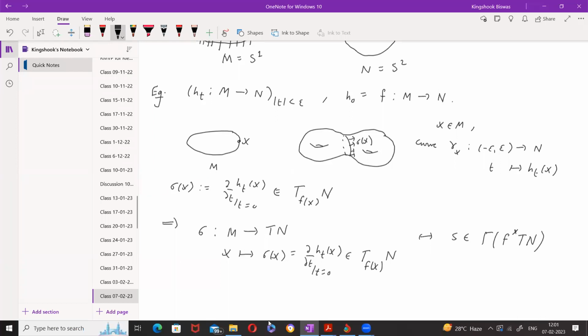It is the vector space of sections of F star TN. So Gamma of F star TN is equal to the vector space of infinitesimal deformations of F.